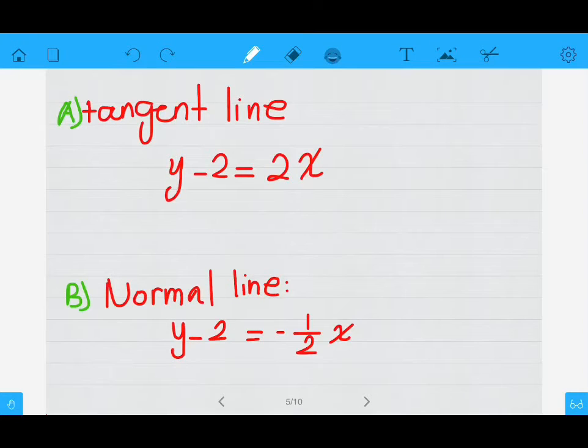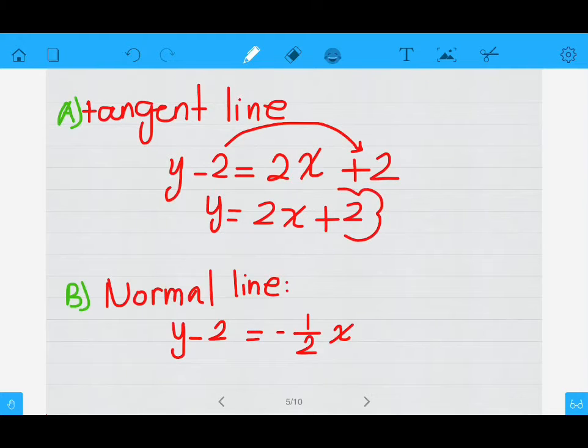Now for the tangent line, we have y minus 2 equal 2x. We move this minus 2 to the other side, we have plus. Okay, y equal 2x plus 2. This is the equation for the tangent line.